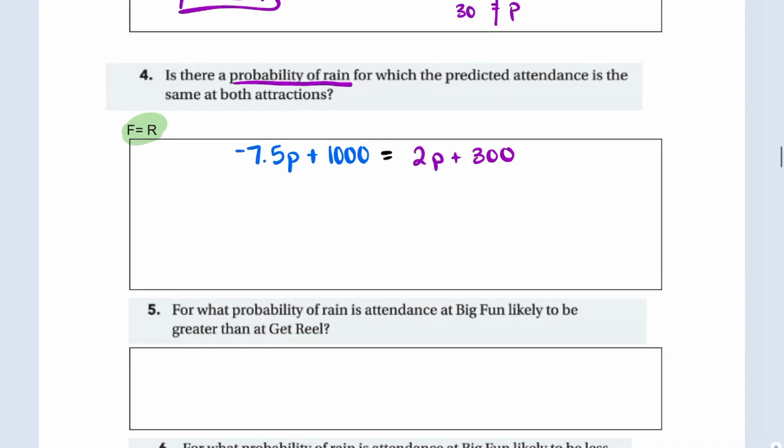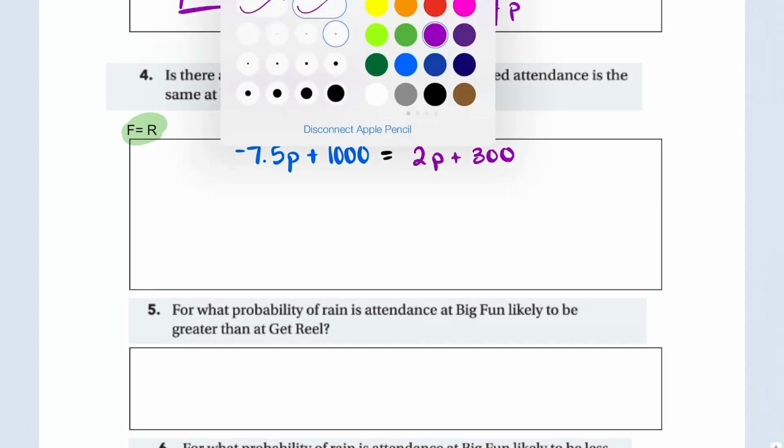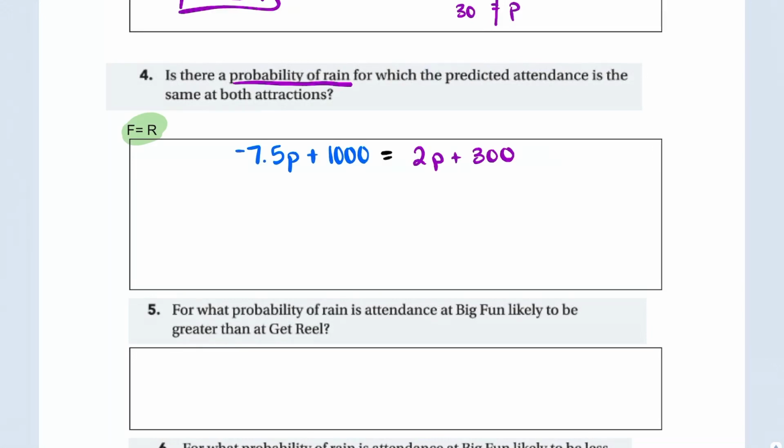Now, in this instance, I notice that I have a negative p over here on the left side. And just to make your life easier, it's always nicer to move the variable with a negative coefficient. That way you end up with a positive coefficient. So I'm going to move 7.5p by adding it to both sides.